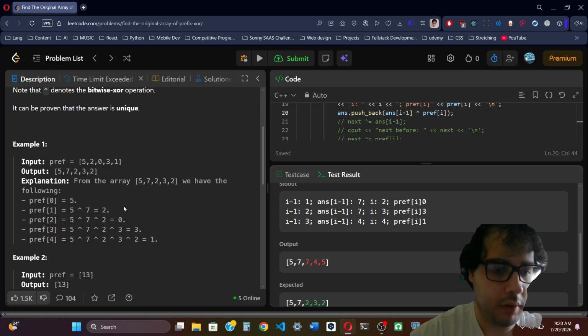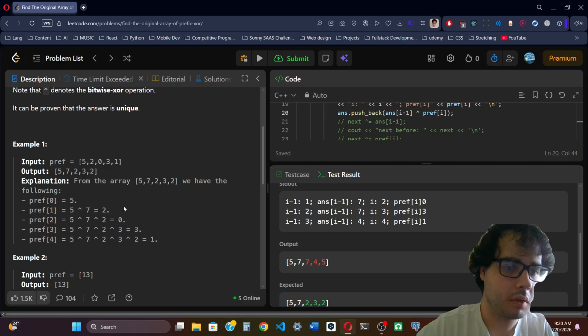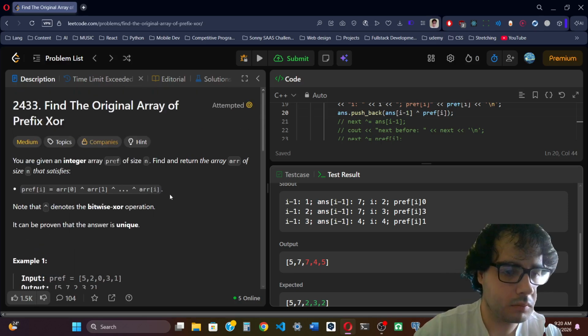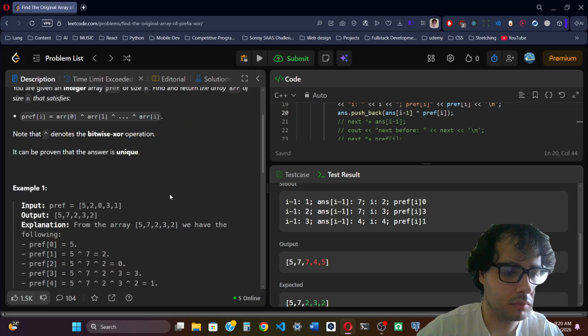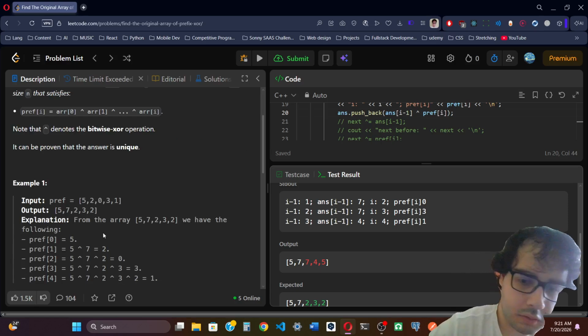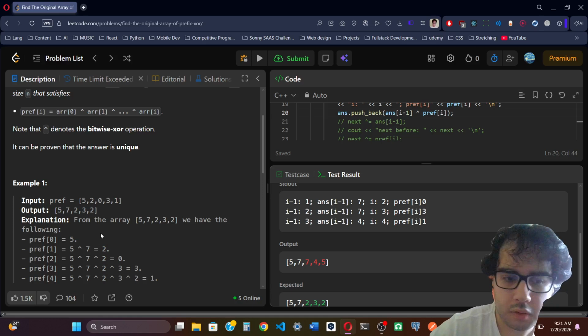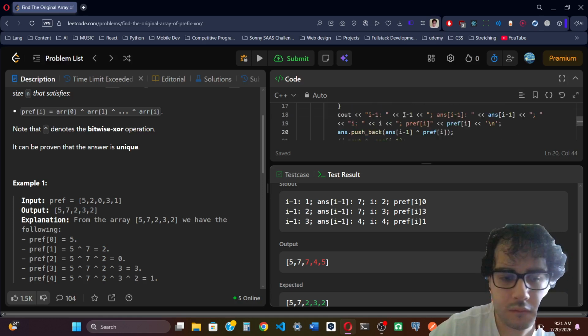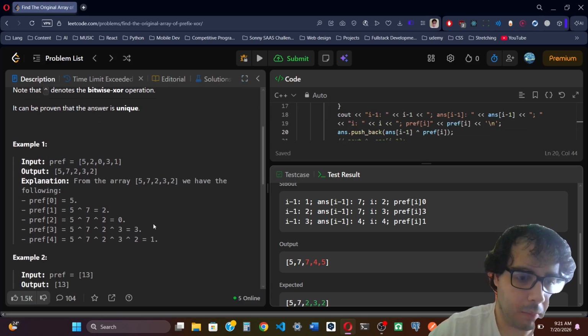Wait a second. So what I'm seeing here, so actually we get the first one right, but actually we are using the last one, or what? It has to be 2 XOR 2, bro.